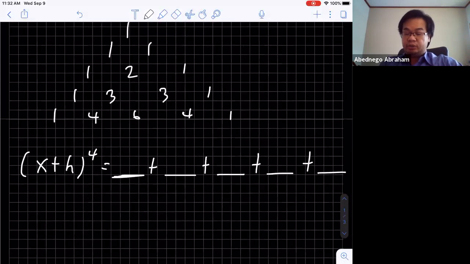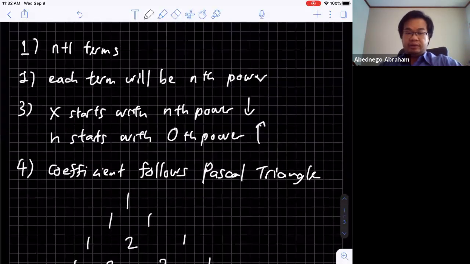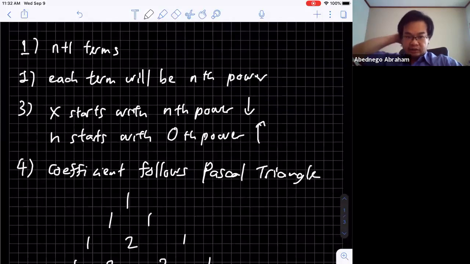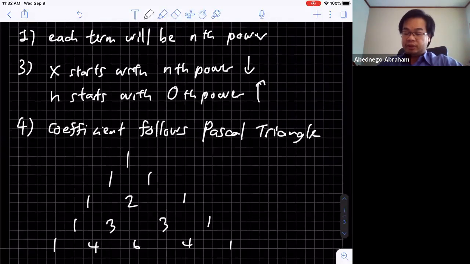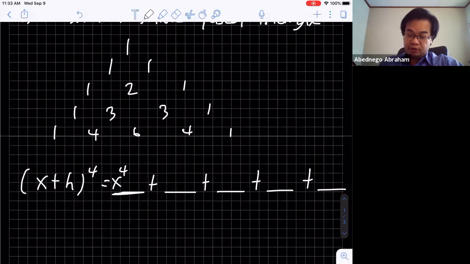And then each term will have total power 4. The first variable starts with power n, so it's x power of 4, x power of 3, x power of 2, x power of 1, and then x power of 0, which is 1.